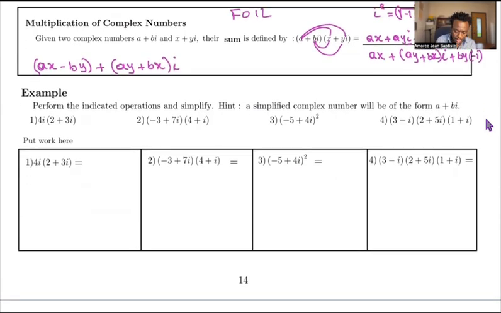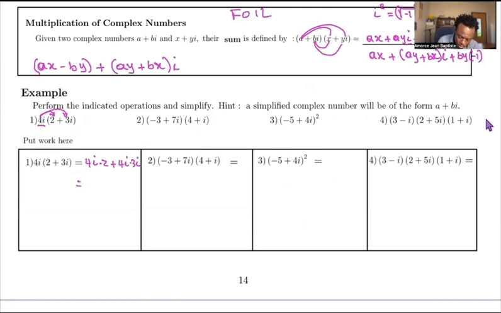So we're multiplying 4i times 2 plus 3i. Well, because the first complex number has only an imaginary part, we can just distribute as we would for a regular expression. So that's going to be 4i times 2 plus 4i times 3i.